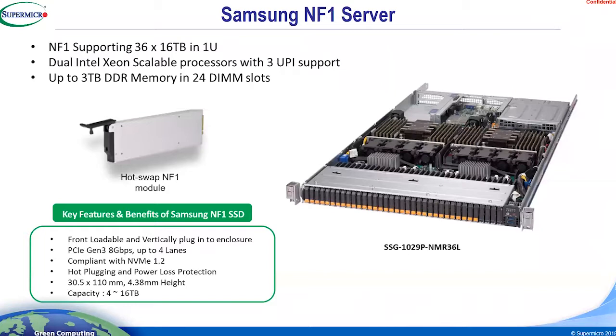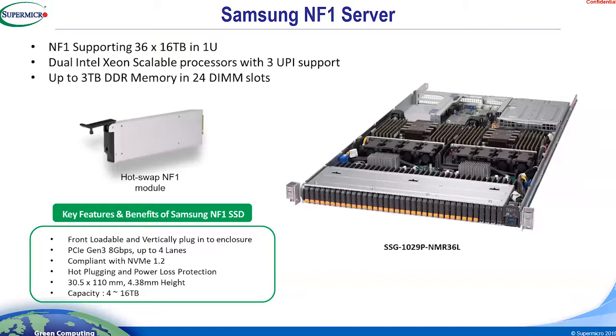Well, one of the big differences is instead of lying flat on a board like an M.2 connector, you prop it up vertically, and it's hot pluggable. M.2 is not hot pluggable, and that's one of the struggles that we've had with using M.2: people want to be able to hot plug a drive. Well, with the NF1, you have the ability to hot plug the drive, and this system, once again, is a 2-socket server, 24 drives.